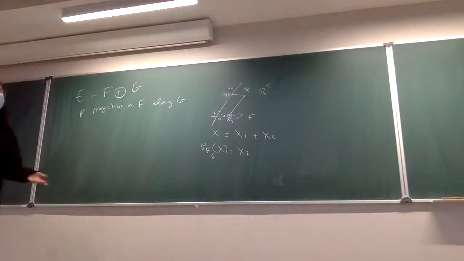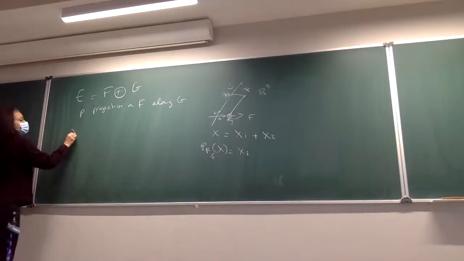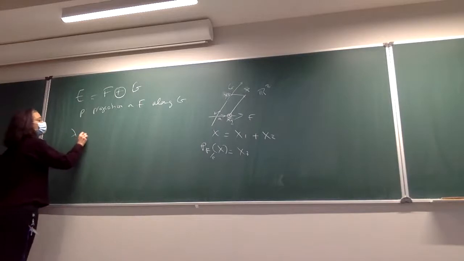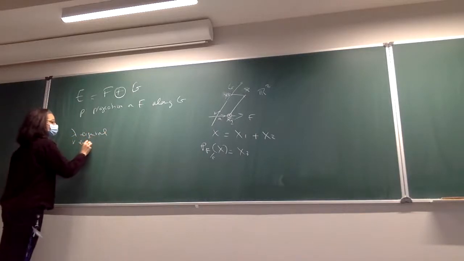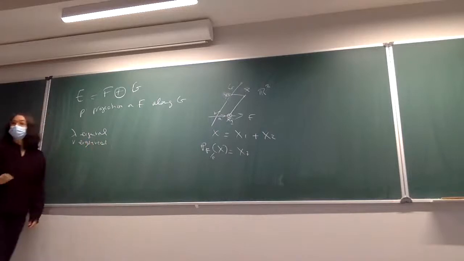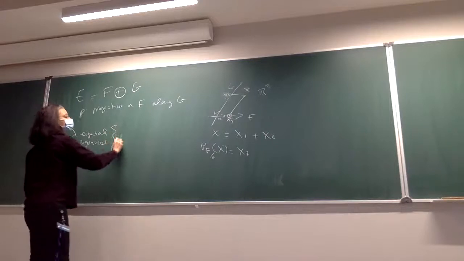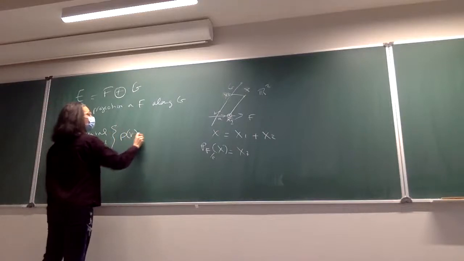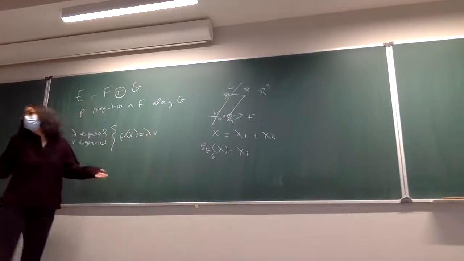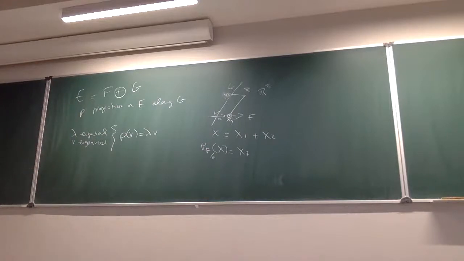So let's go back to the definition. Right, an eigenvalue never comes alone, it comes with an eigenvector. And so we must have lambda eigenvalue, V eigenvector. Okay, and so it satisfies the property that P of V is equal to lambda V. Okay, that's the definition.